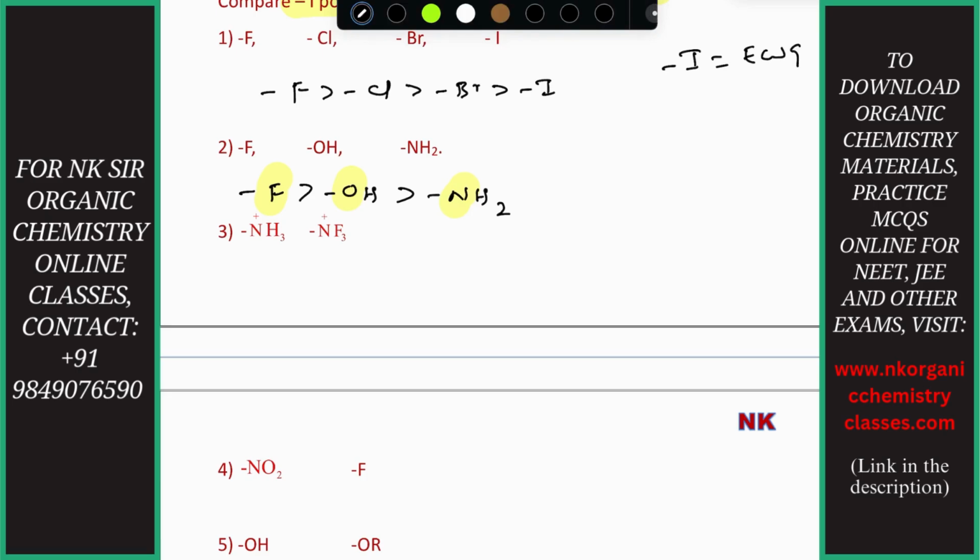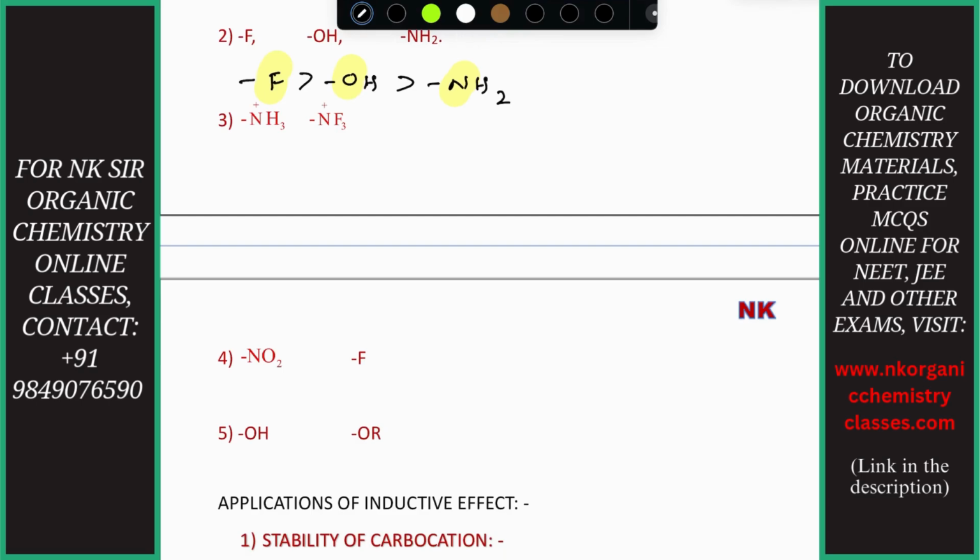So in this way, fluorine greater than OH greater than NH2 is the answer for the second question. Well done guys. Now coming to the third one, NH3 positive, NF3 positive. If you see the structure, this is the NH3 positive, whereas this is the NF3 positive.